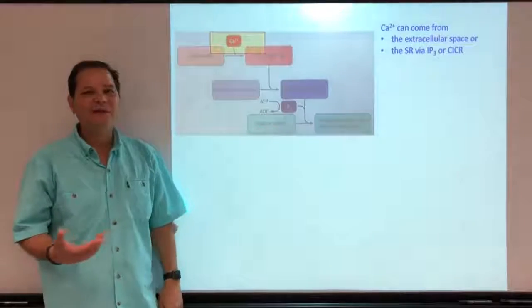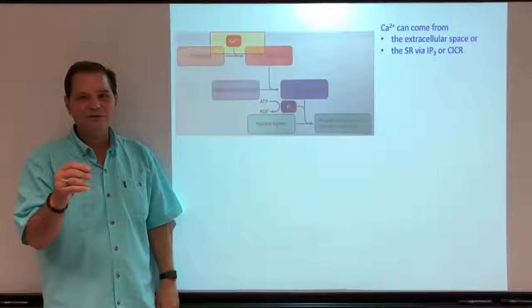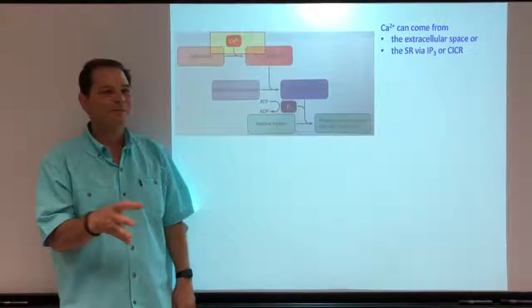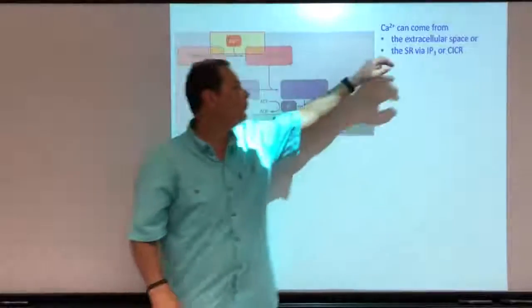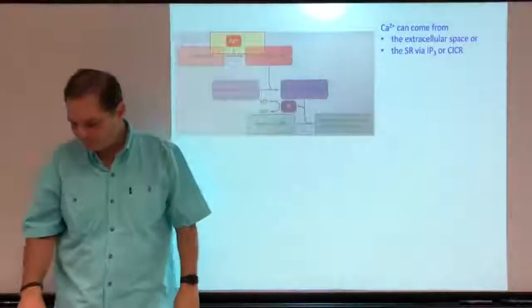You can also see that in smooth muscle where ryanodine receptors, which are release channels, open up and release calcium from the SR. So either or, calcium can rise from either or both of these. Okay.